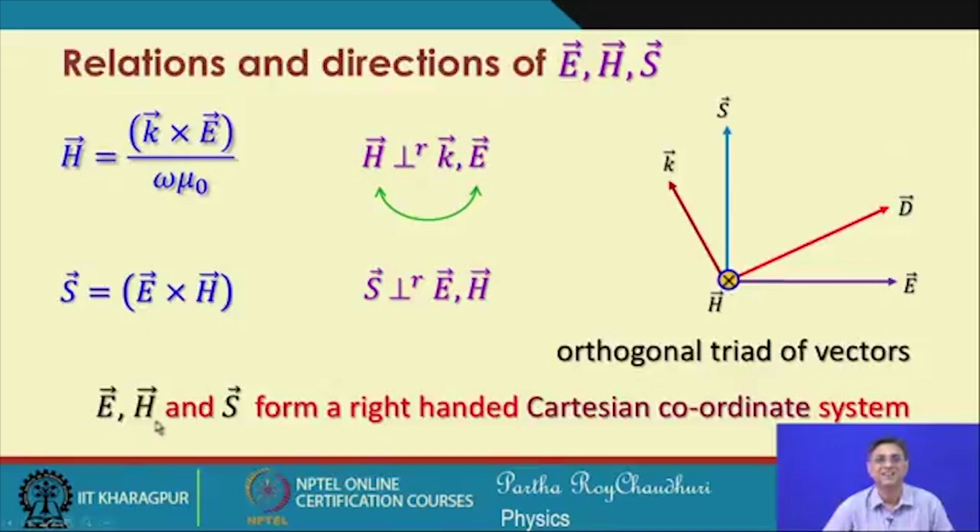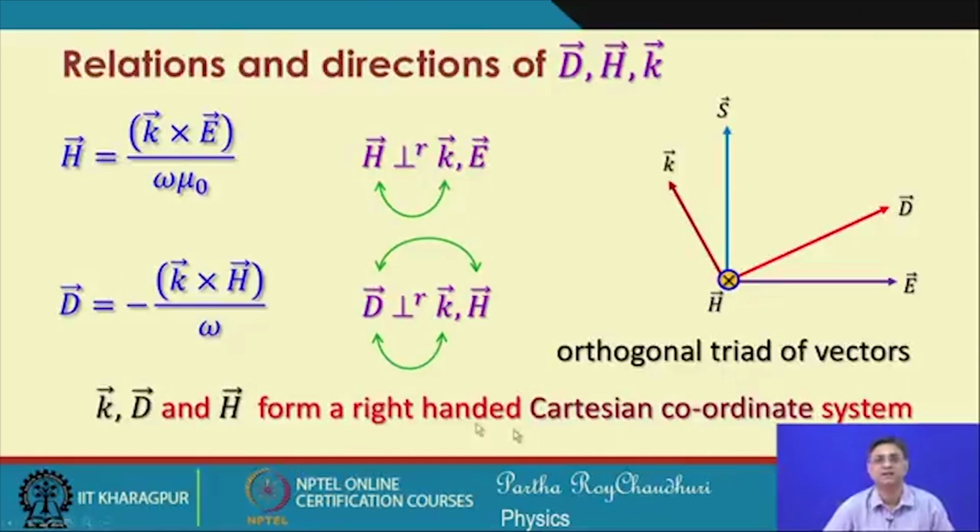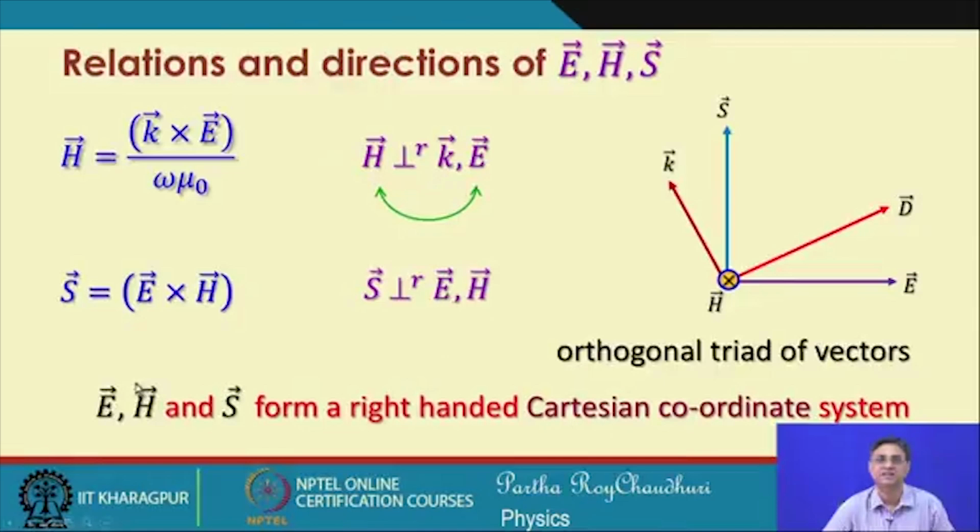So, this E, H and S again form a right handed Cartesian coordinate system. So, you have seen that k, D, H forms a Cartesian coordinate system, and E, H, S form a right handed Cartesian coordinate system, but in general they are different in terms of their angle.